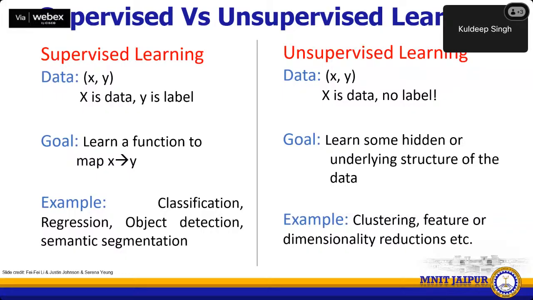And there are different examples here. However, in the case of unsupervised learning, we don't have any label. And the main goal is to learn some kind of hidden patterns or underlying structure inside the data. It could be clustering, it could be dimensionality reduction, it could be density estimation.